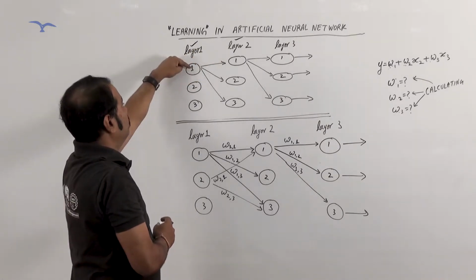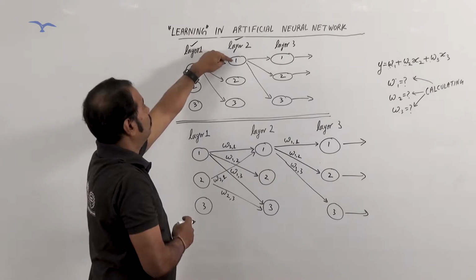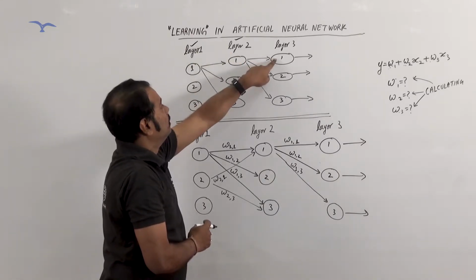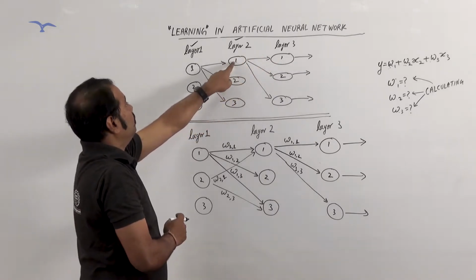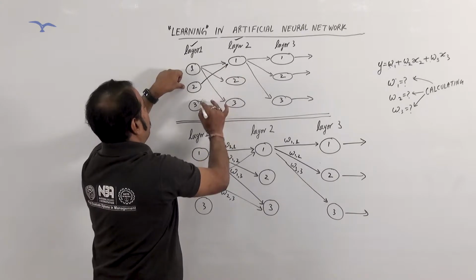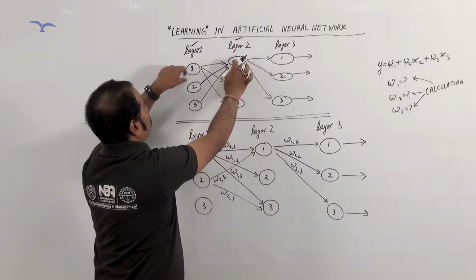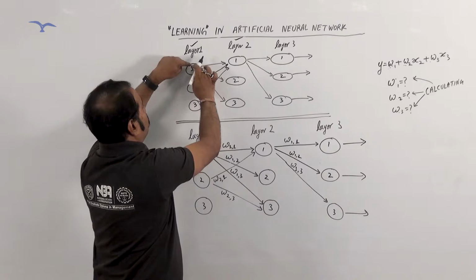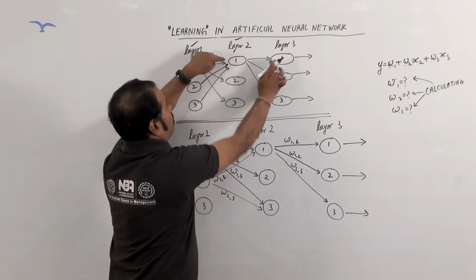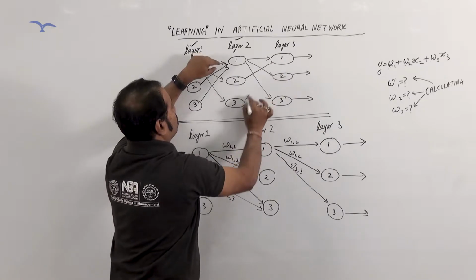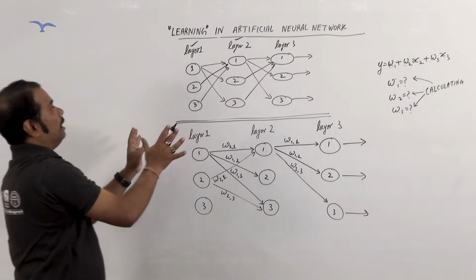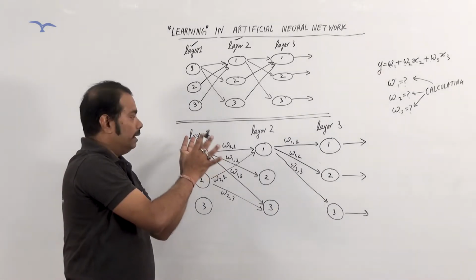You can see that this neuron is feeding its output to that neuron, and this neuron may take input from other neurons. This neuron is taking input from this neuron and this neuron. Similarly, this neuron may take input from this neuron as well as from this neuron. So that was the very basic fundamental architecture of artificial neural network.